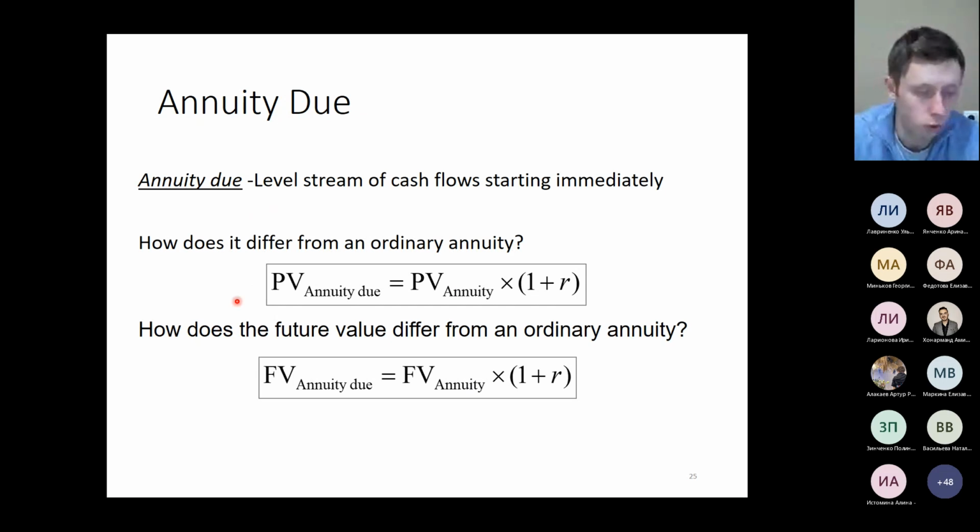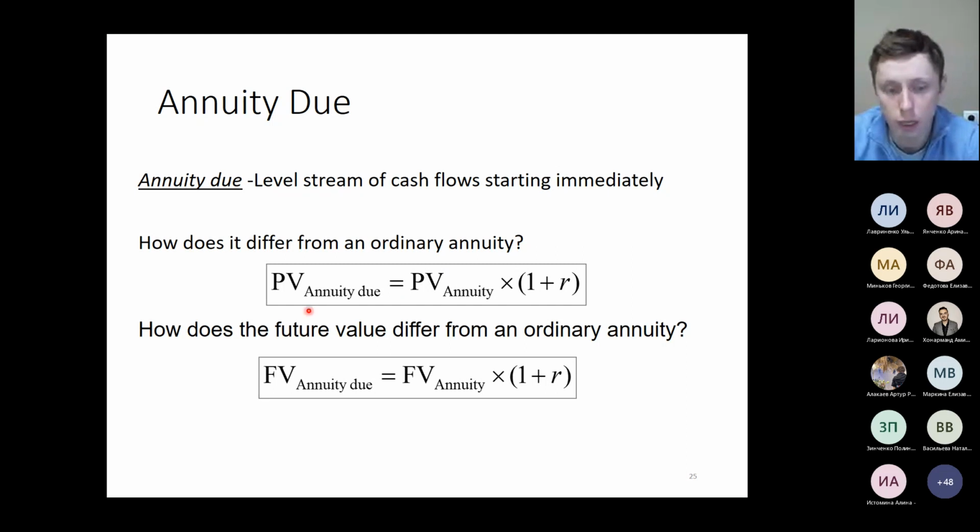When we talked about annuities, we mentioned that annuity or perpetuity assume that the first payment is made at the end of the period. But what if the first payment is made immediately, so at the beginning of the period?